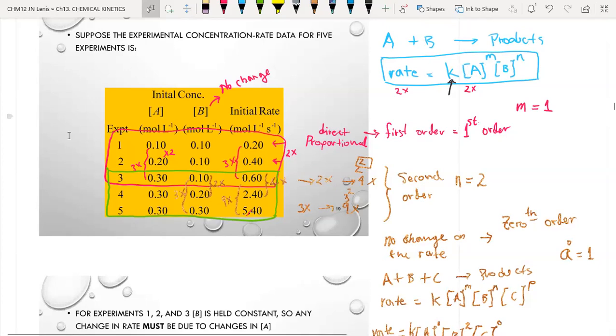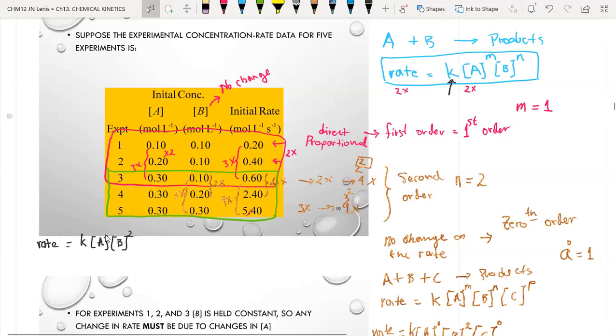So now we can write partial answer for that. So you say the rate here equals K times concentration of A to the first exponent times concentration of B squared.